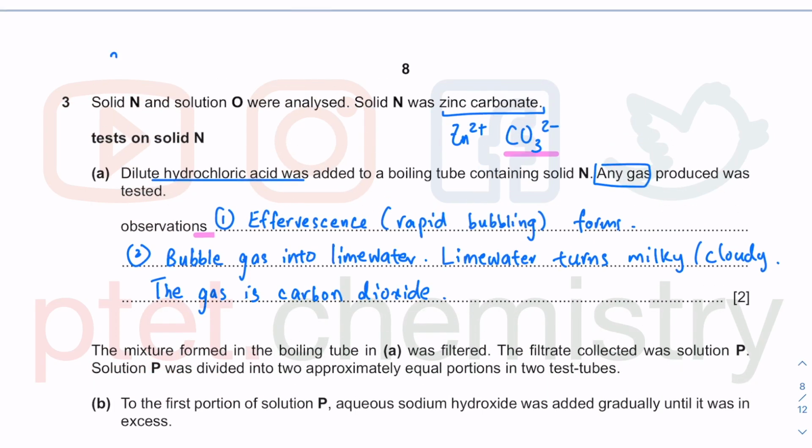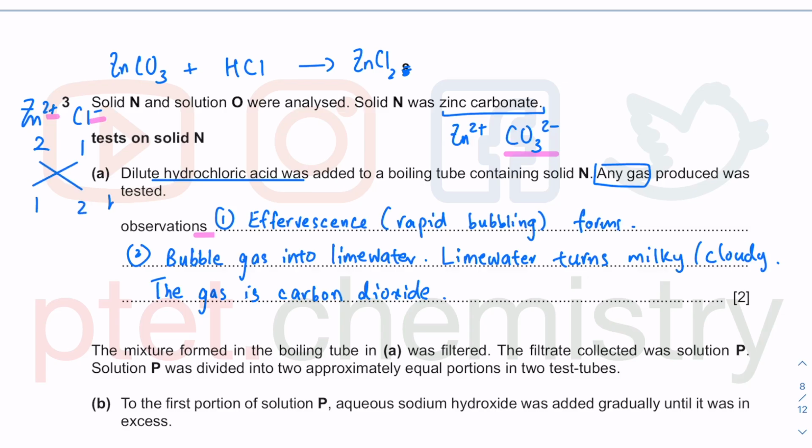You are not asked for the chemical formula or the balanced equation, I'm just going to write one for you. The salt is called zinc chloride. So this is ZnCl2, because of Zn2+ and Cl-, 2 and 1 based on the valency, the charges of the ions. As you cross multiply the valency, you get how many.